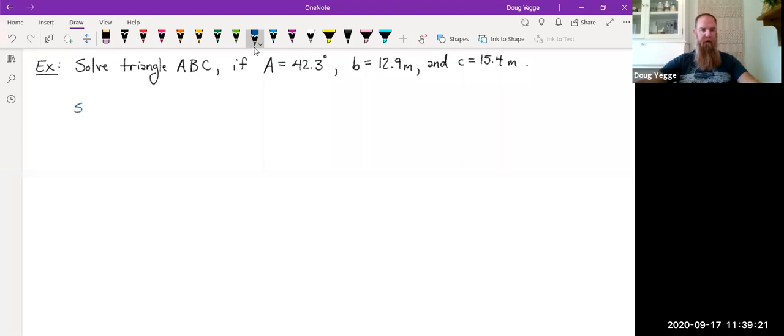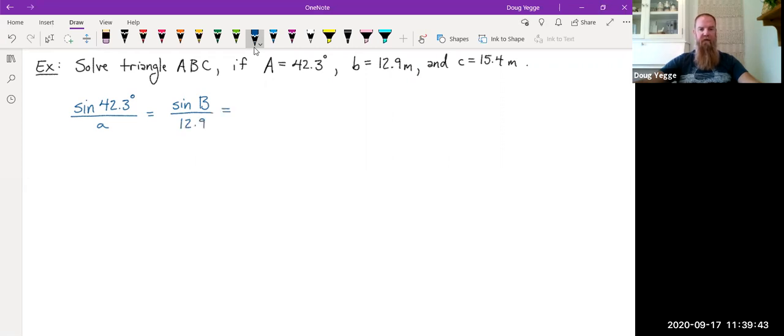In this triangle, we could go ahead and try to use the law of sines by saying that sine of 42.3 degrees over side A is equal to sine of angle B, which we don't know, over 12.9.